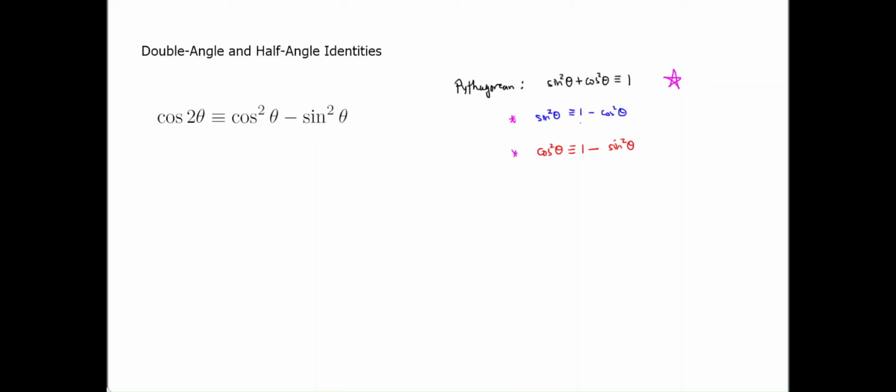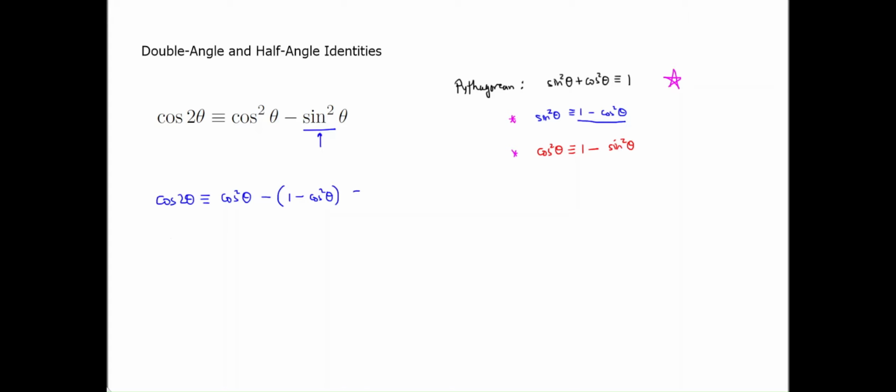Now if we solve it for sine squared, we can take 1 minus cosine squared and put that in place of the sine squared. And if we do that, we get cosine 2 theta identical to cosine squared theta minus 1 minus cosine squared theta.